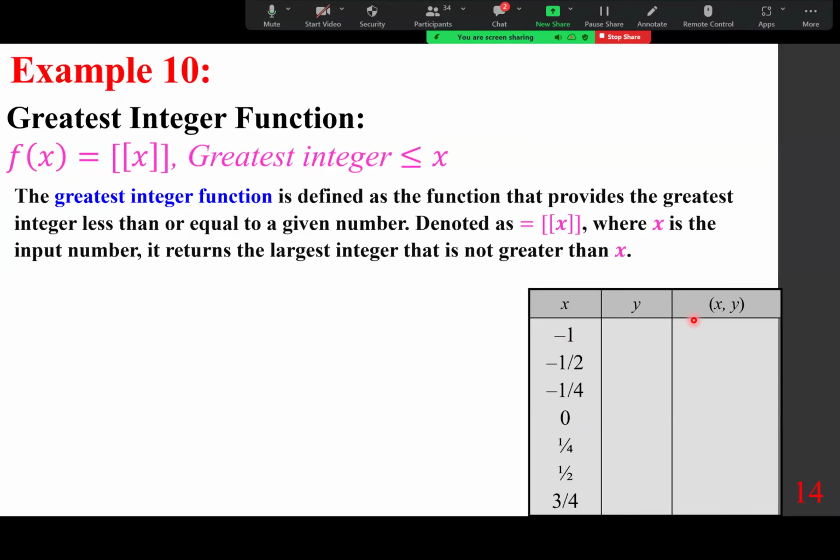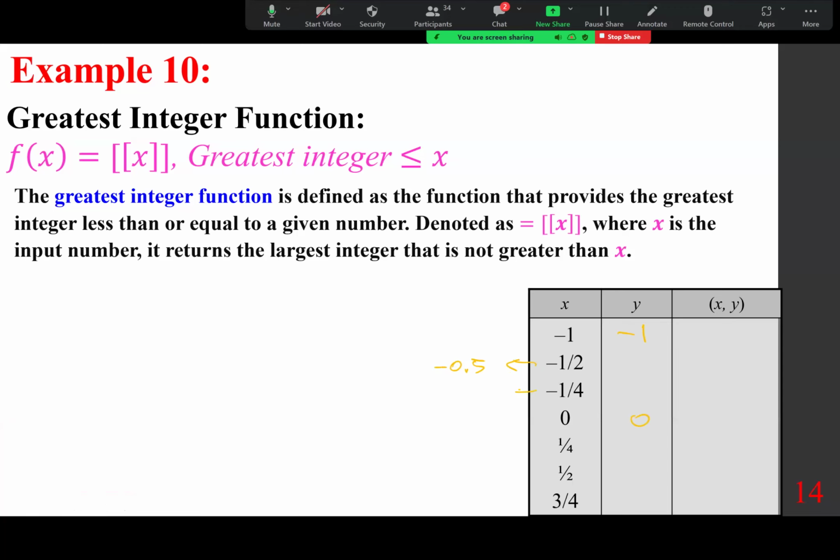But when it's not an integer, think about this. This is -0.5. This is -0.25. And for both of them, the answer will be -1. So this is -1 and we know it. This is 0, so it's not a problem.